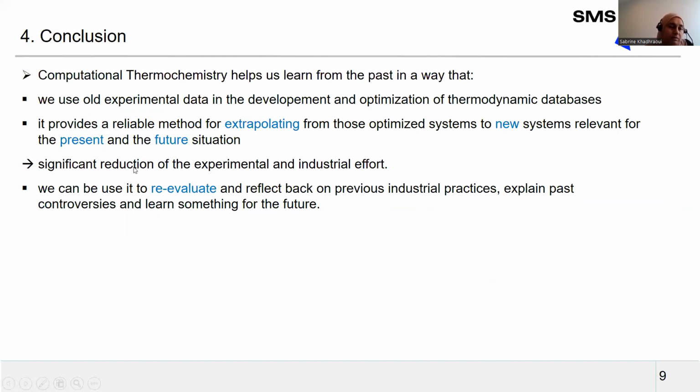And this reduces the experimental and industrial effort considerably. We have seen today how we can use this approach to reevaluate and reflect back on previous industrial practices to explain some past controversies and thus learn something for the future.